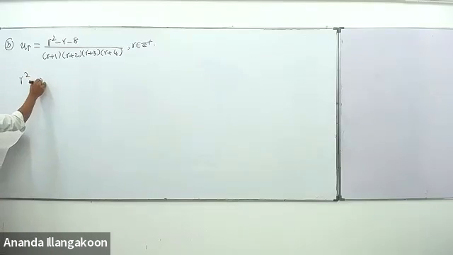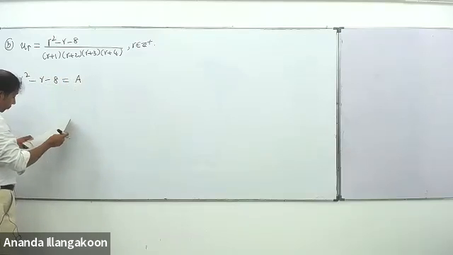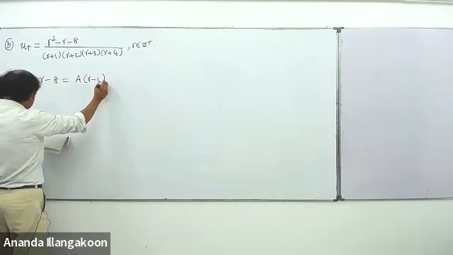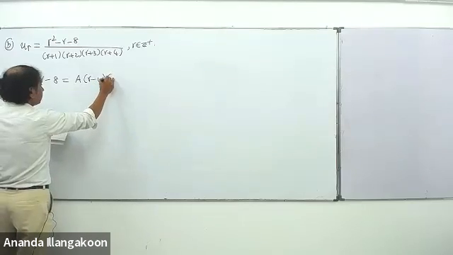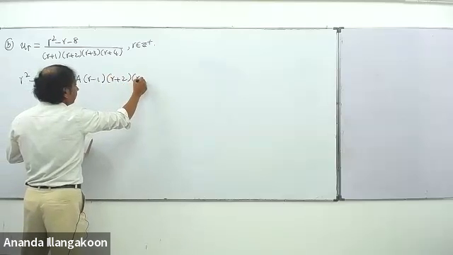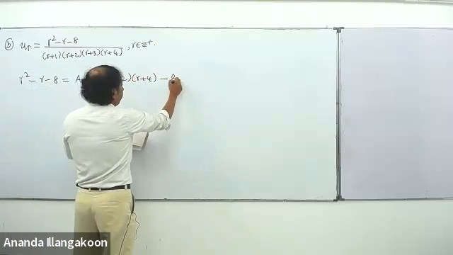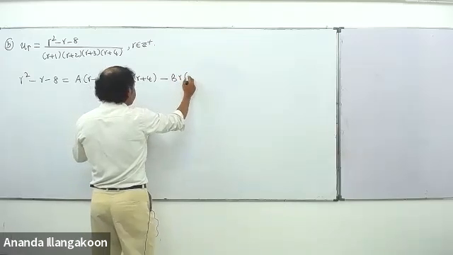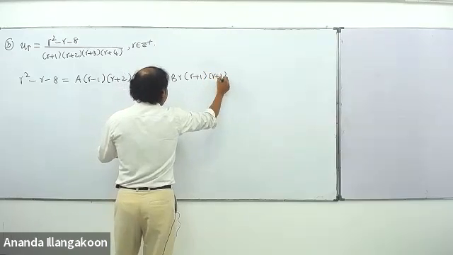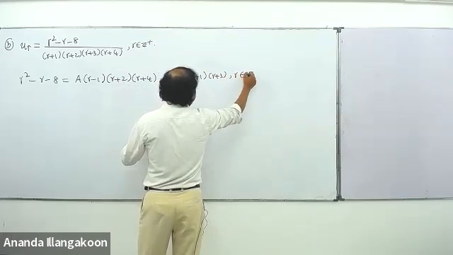R squared minus R minus 8 is equal to A times (R minus 1)(R plus 2)(R plus 4) minus B times R(R plus 1)(R plus 3), for R a positive integer.